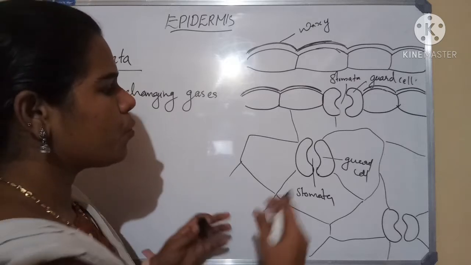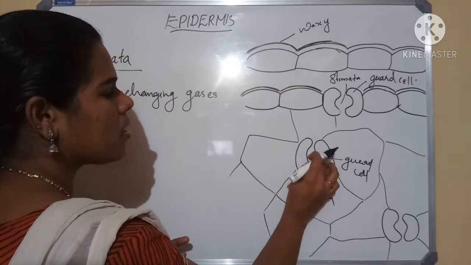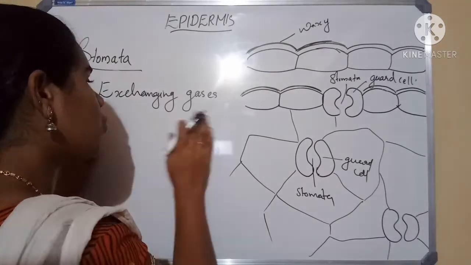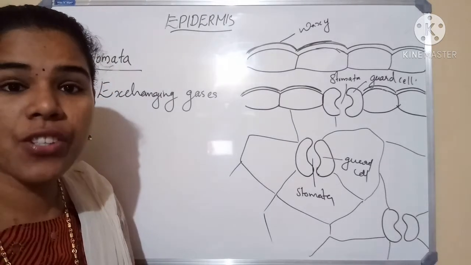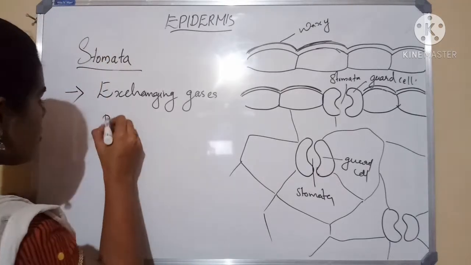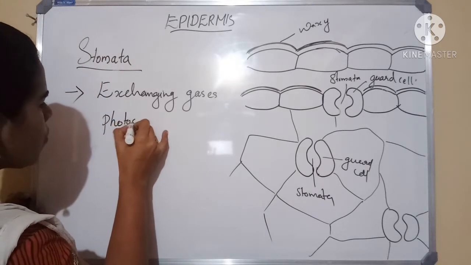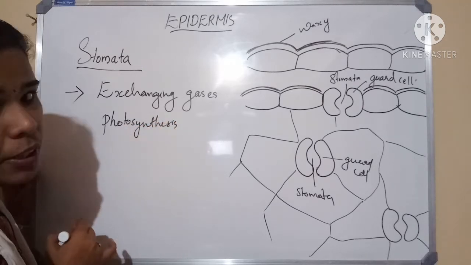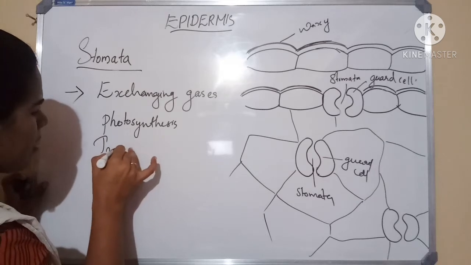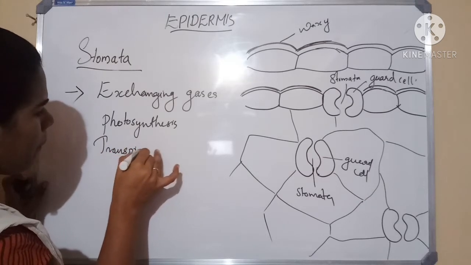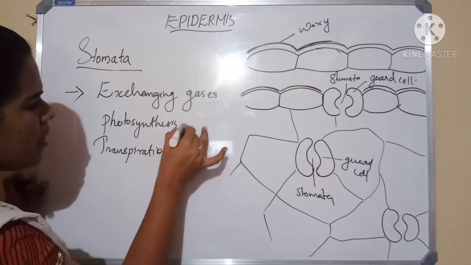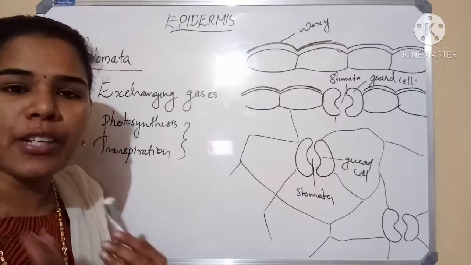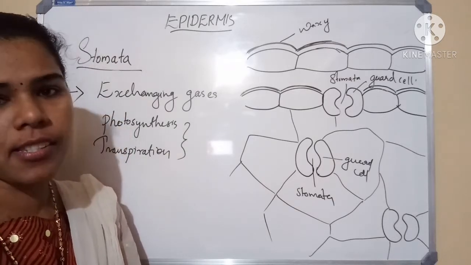So two guard cells are there and the small opening called stomata, which helps mainly with gaseous exchange at the time of photosynthesis and transpiration. Not only these two processes, we know plants need oxygen for their day-to-day activities also, like us.